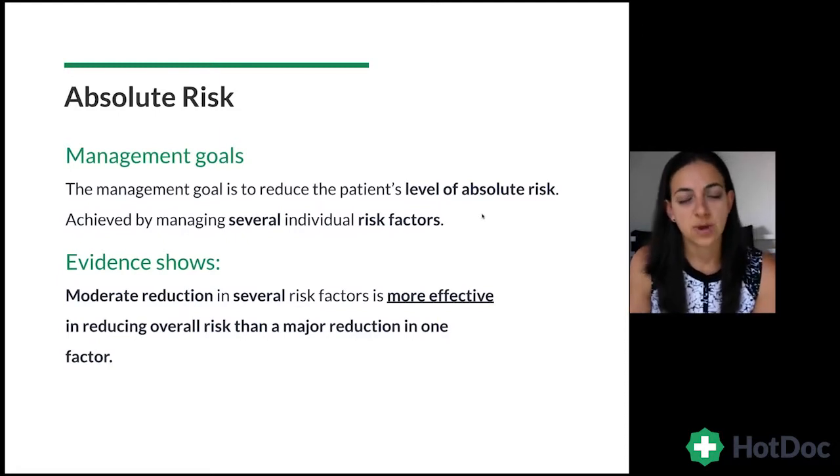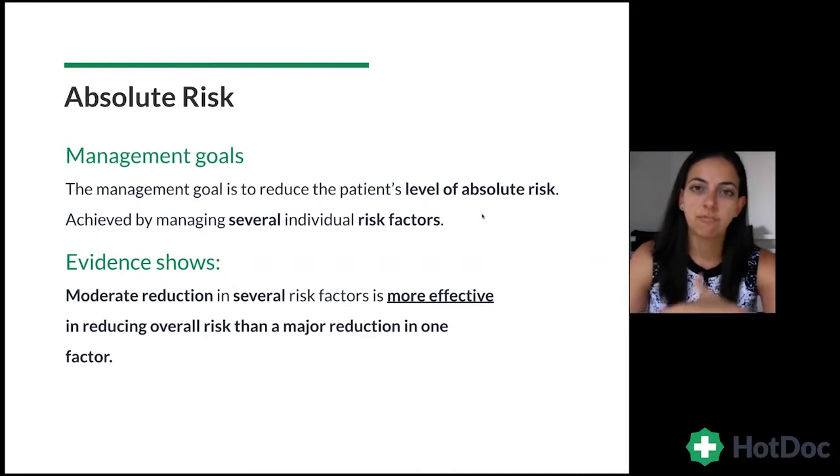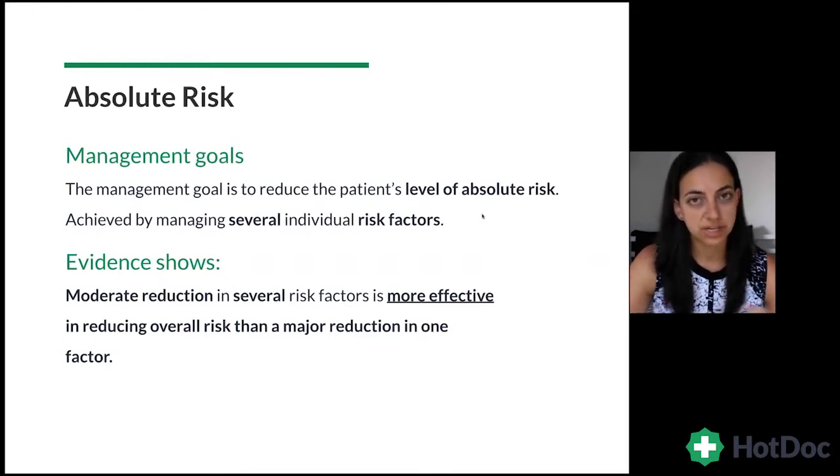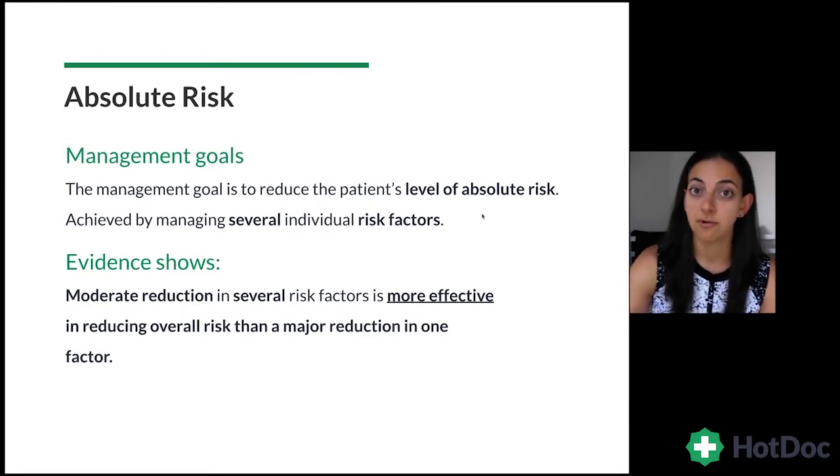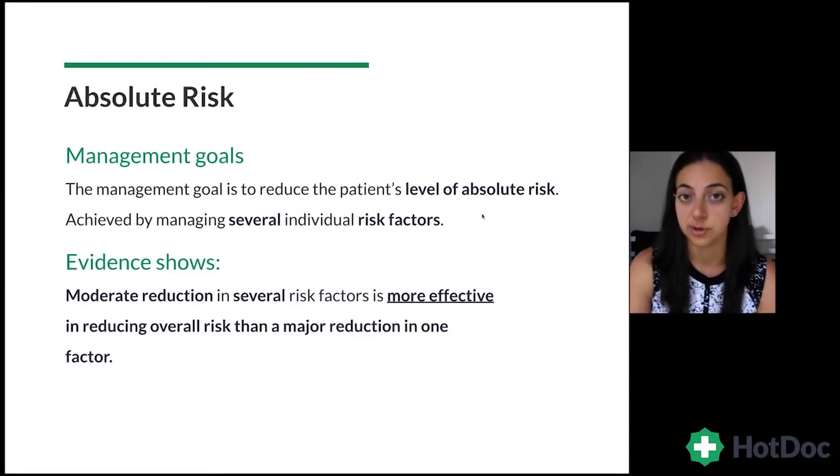If on the other hand we have a patient with the same 155 systolic blood pressure, but the rest of the profile is much more complex, and it's bringing up their risk profile to 15% or even 20%. If we address multiple facets of that, and it doesn't have to be a drastic or aggressive reduction in that one blood pressure, but addressing multiple areas, we might actually be able to reduce by 5 or even 10%, which would be considerable.